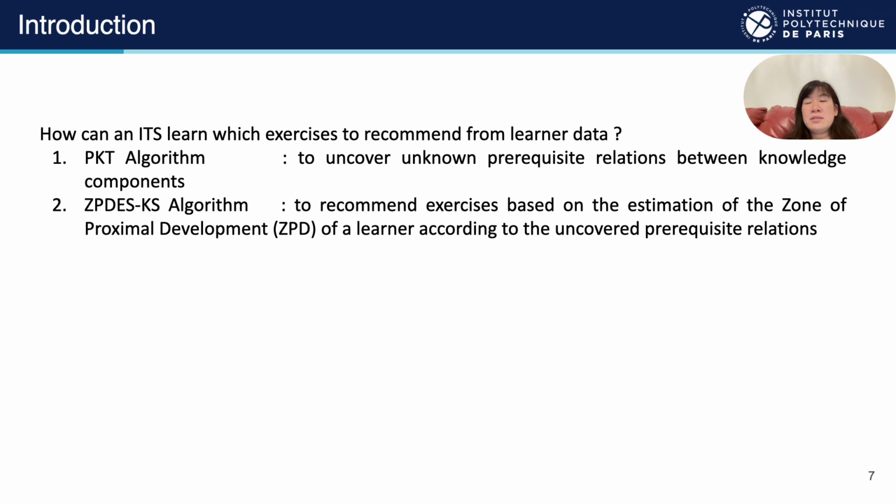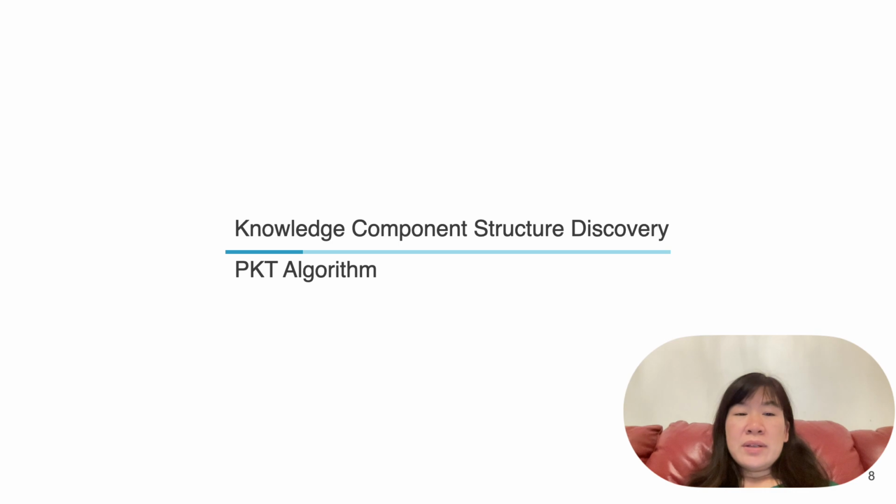The second part is the ZPDES-KS algorithm that is used to recommend exercises based on the estimation of the zone of proximal development, ZPD, of a learner according to the uncovered prerequisite relations. So let's dive into the first part, the knowledge component structure discovery with the PKT algorithm.